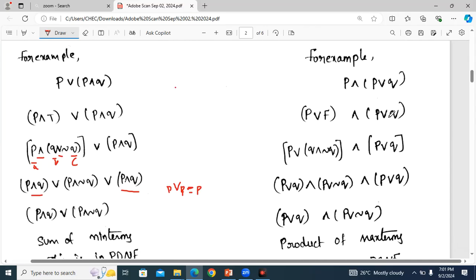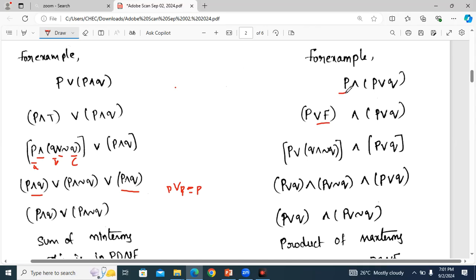Okay. So in place of P, we replace P or F. Here the variable Q is missing. For this we write P or F is equal to P by the equivalent formula.